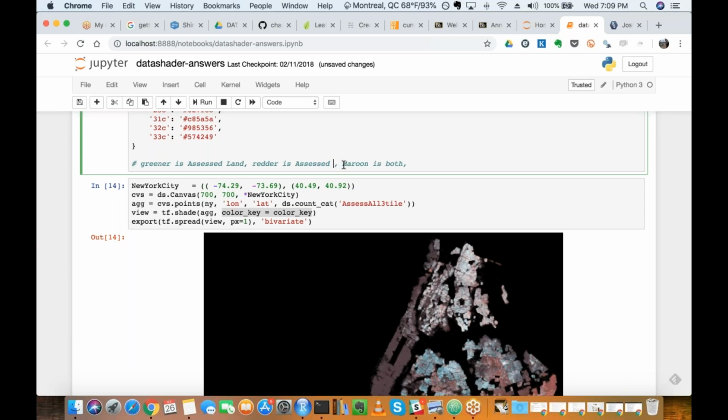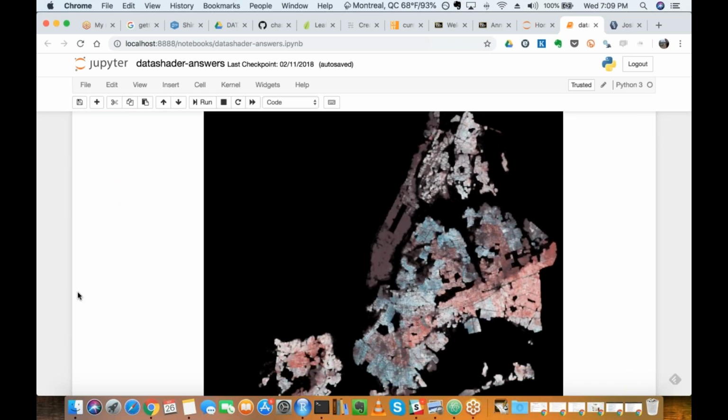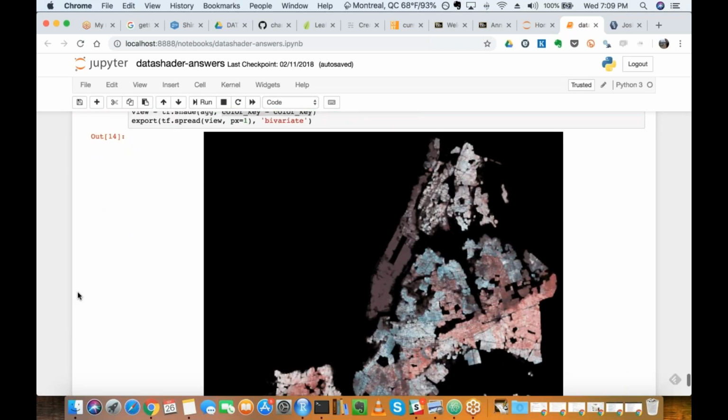I was previously using total for that, but I ended up changing that. And looking at something like this, you're able to get an idea of where areas might perhaps be over or underbuilt.